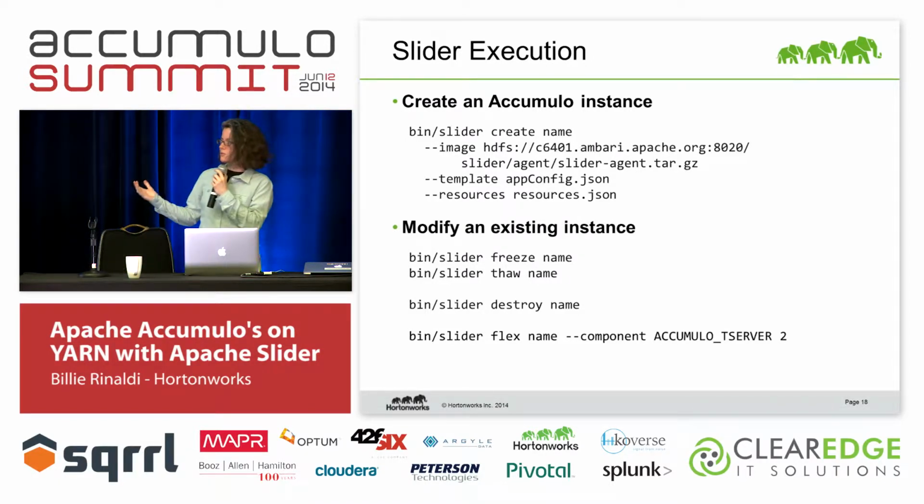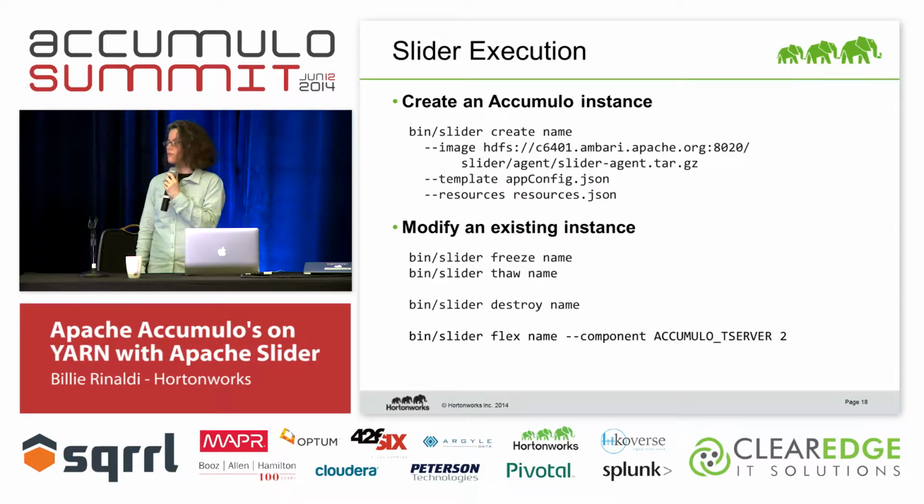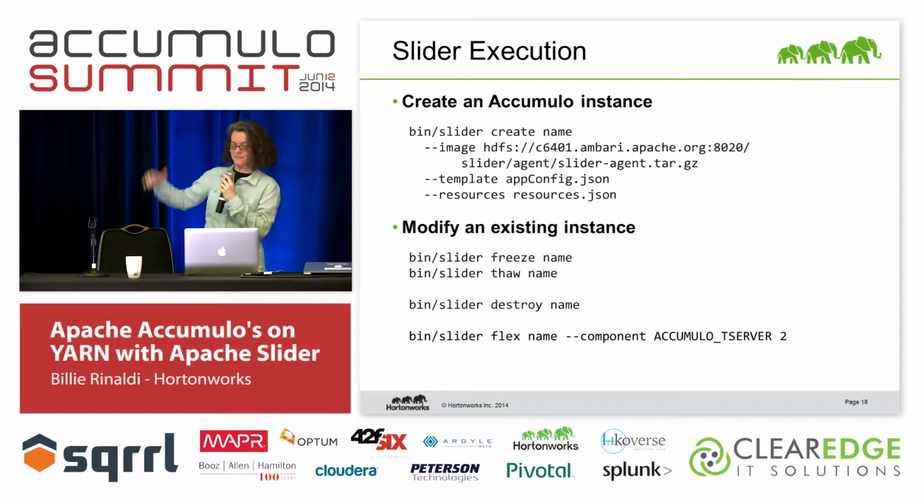Then once the cluster is running, you can execute other Slider operations on it, freeze, thaw, destroy, and flex. I don't know if any of you saw the Hoya commands we used from about last October, but these look a lot better than those did.